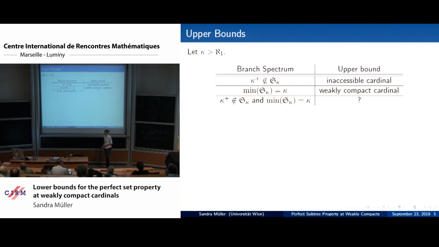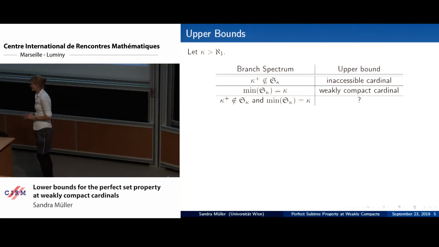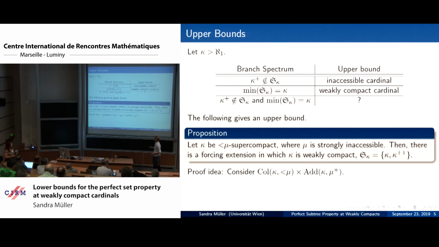What if you collapse several large cardinals to become successors of each other? Yeah, but we still need that they remain weakly compact. Oh, okay, so then that won't work. So I think these methods will not be able to answer that question. But maybe a related question is, in this case, we get that, for example, kappa plus is missing from the branch spectrum.